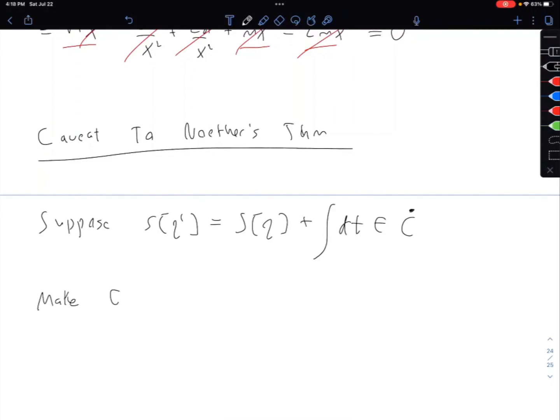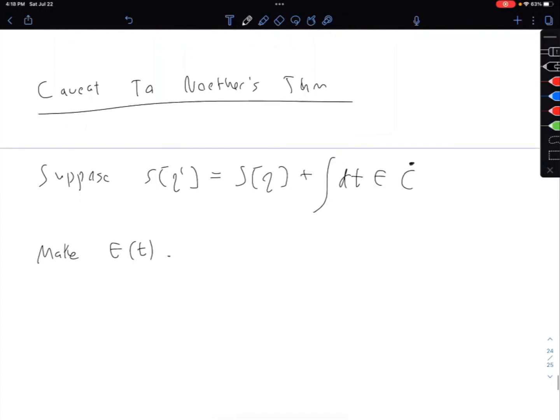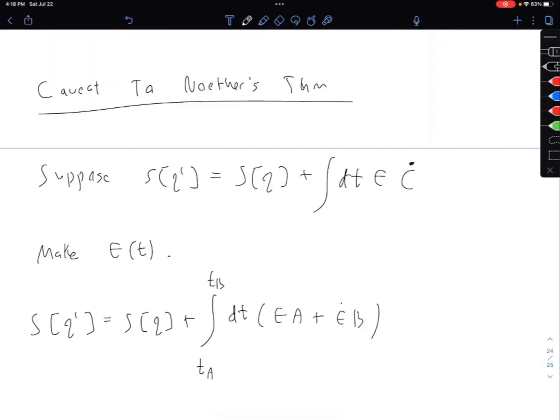Now make epsilon depend on time. And then in general, we will have that S of Q prime is going to be S of Q plus the integral from TA to TB of dt, epsilon A plus epsilon dot B, because we already argued that.